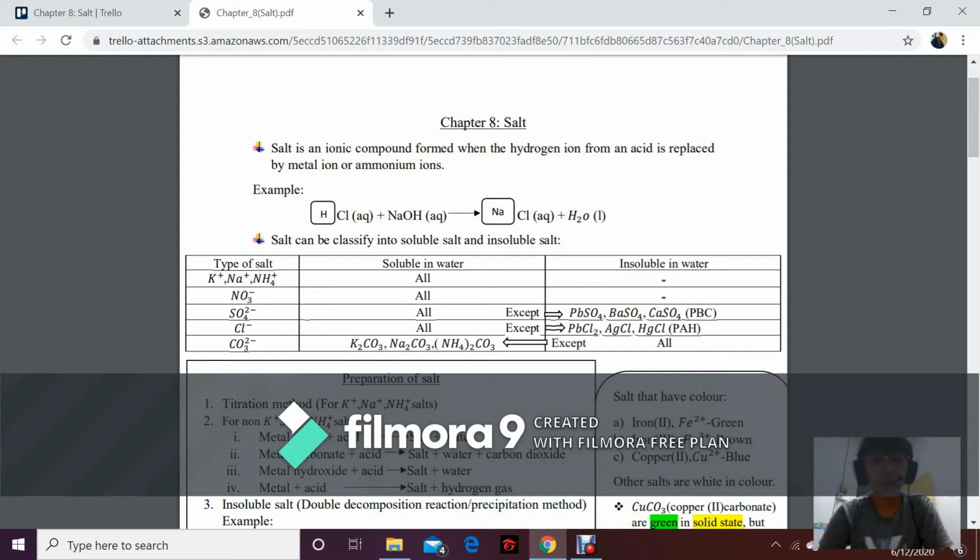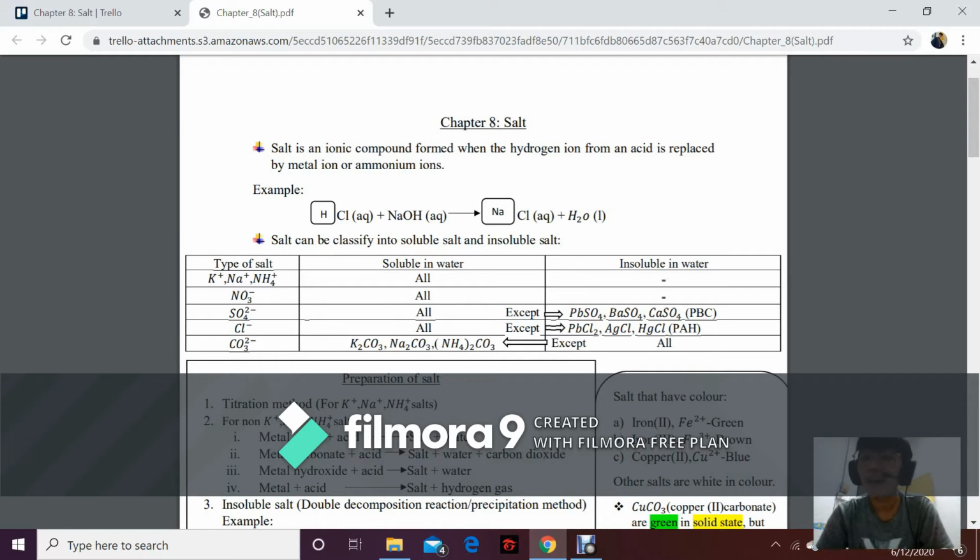And now we go to the carbonate salt. For the case of carbonate, you don't need to memorize the insoluble salt because all the carbonate salts are definitely insoluble in water. But the three carbonate salts that are soluble in water are, just now remember what I say, if you see K, Na, NH4, these three are definitely soluble in water.